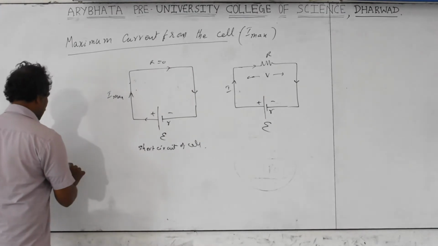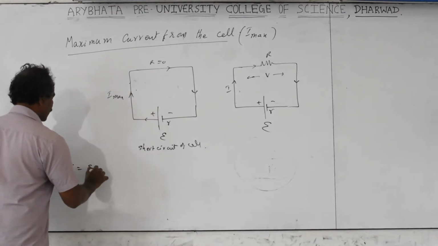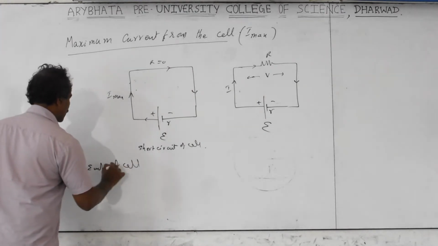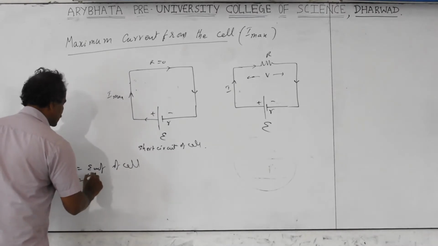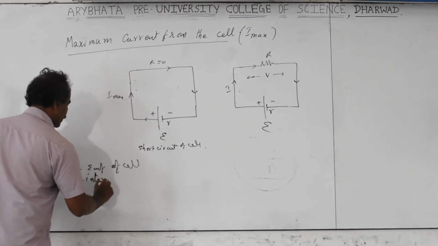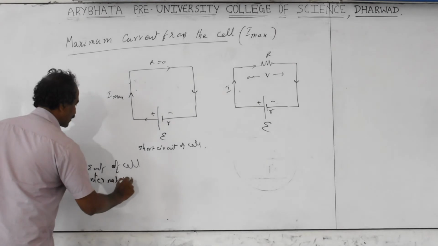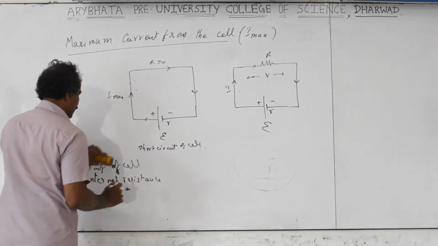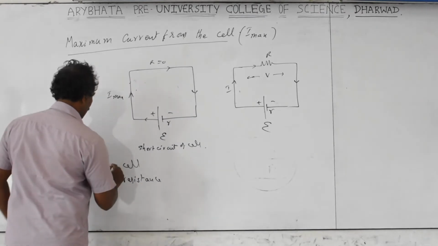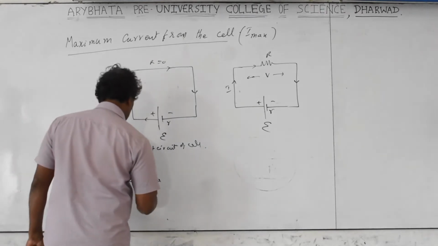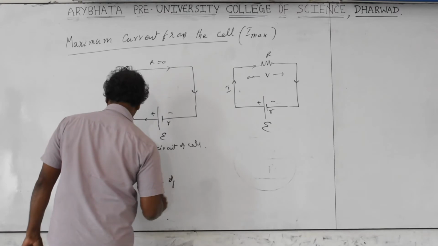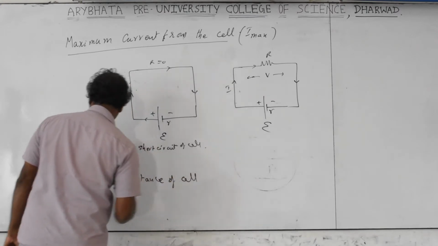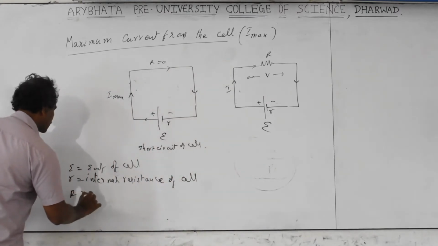To take the calculation, this E is the EMF of the cell. Small r is the internal resistance of the cell. Capital R is the external resistance.